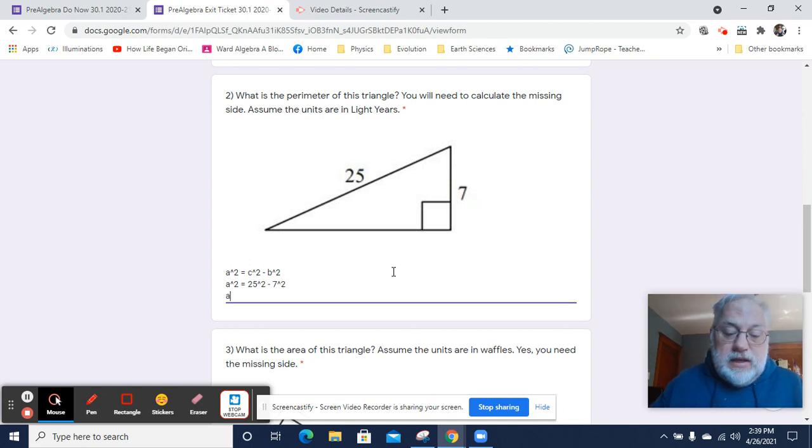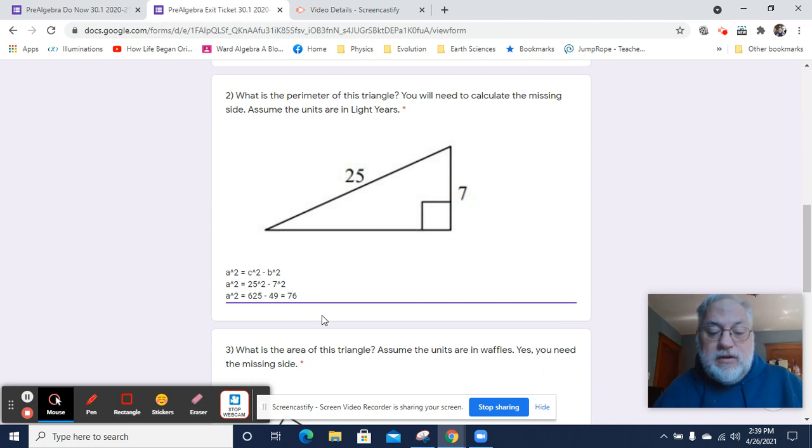So that means that A squared equals 625, which is 25 squared, minus 49. That's going to be, let's see, 5 minus 9, so borrow from the 2. That'll be a 15 minus 9, so that's a 6. And then that's a 1 minus 4. Borrow from the 6, so that becomes a 5, and that becomes an 11. 11 minus 4 is a 7.